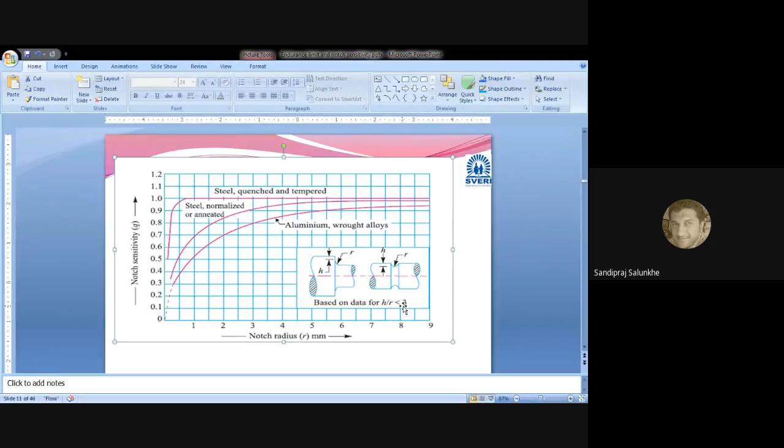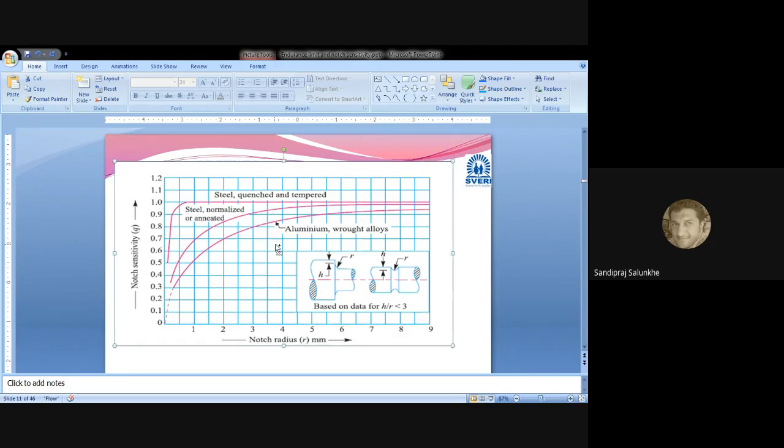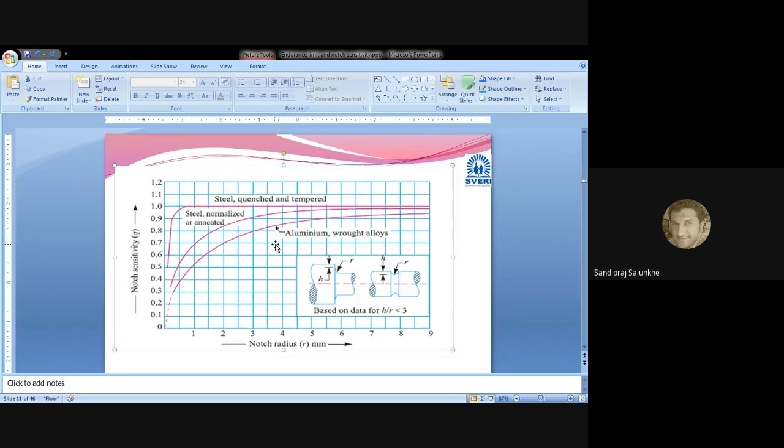So the h by r value is less than 3. For this experiment, this graph has been plotted. So this graph can be referred to, and such graphs are available in the design data book. From that design data book, we are going to take this value of notch sensitivity Q.